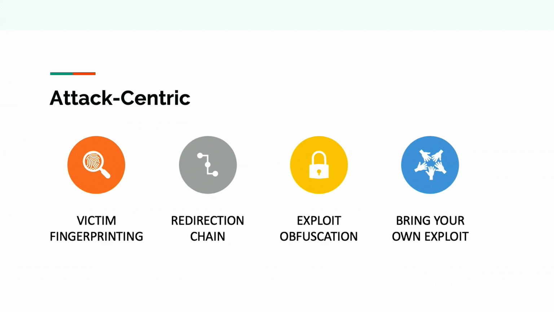That happens to be the core stage or phase of the exploit kit infection chain. There is a redirection chain. There is obfuscation of exploits across the board. And there is even a case where an exploit kit allows the kit administrator to bring their own exploits, basically extending the exploit pool, custom exploits.